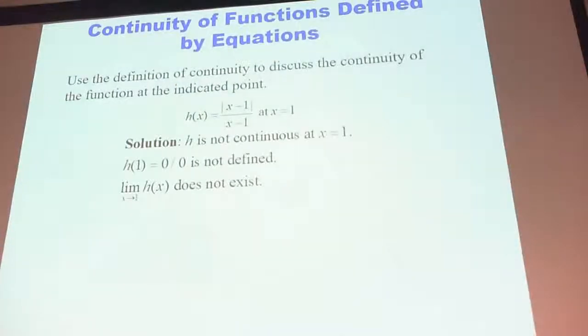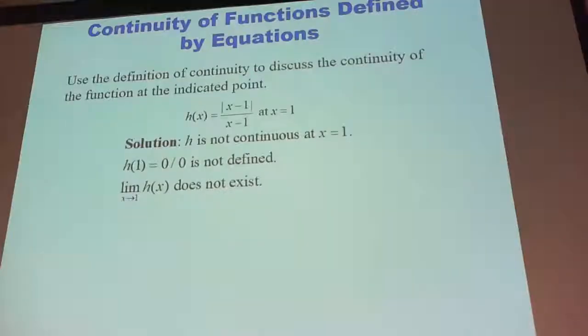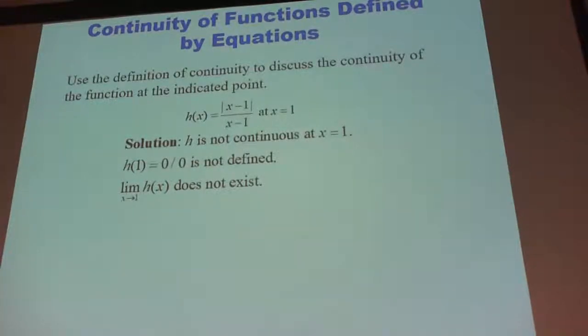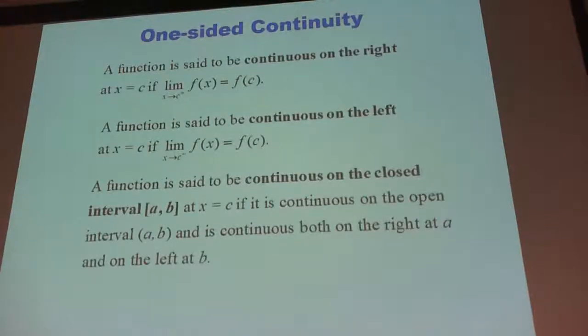We already know that it's not continuous at 1 because if you try for the limit, it's going to be 0 over 0, which means we have to look further, and it's not defined, and we can't plug it in. Okay? So again, I know that this seems complicated, but it's background stuff, and you should be okay.